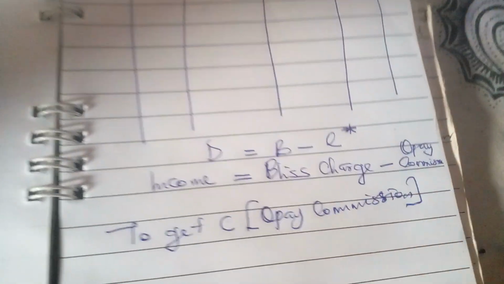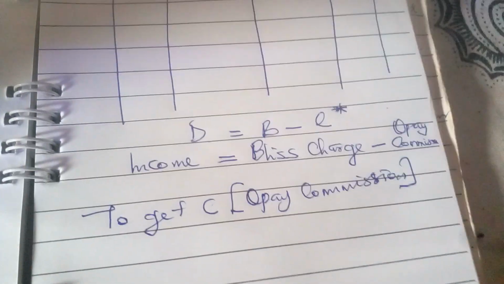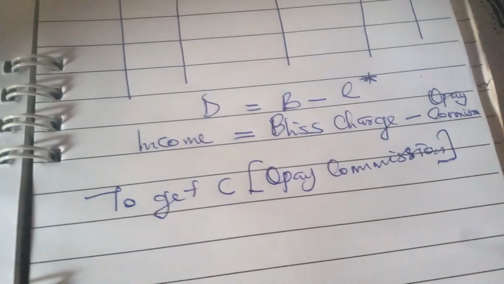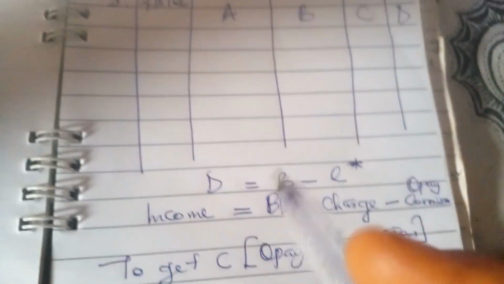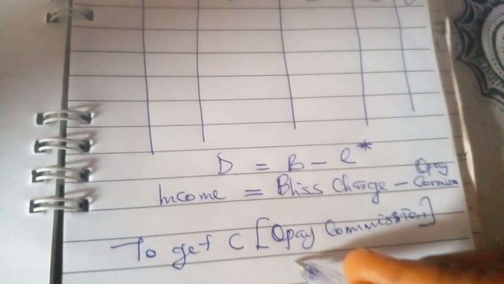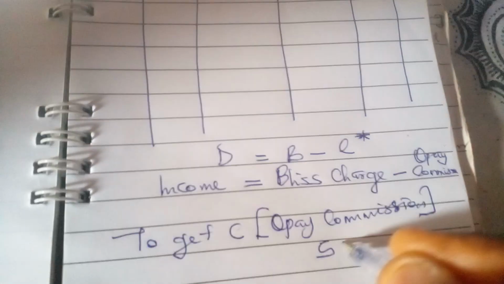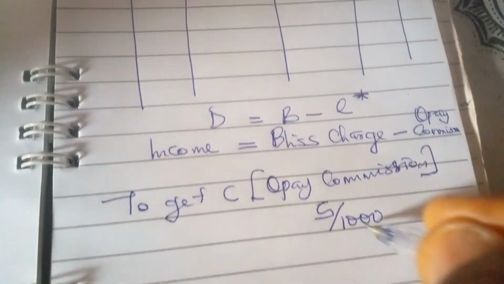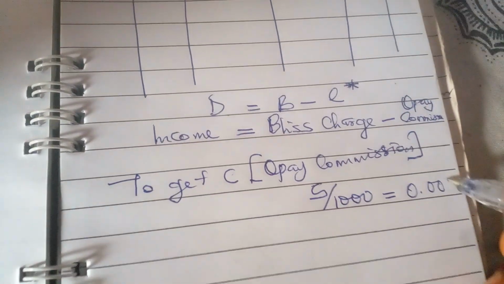normally agents or the merchants, they charge 5 naira cap of every 1,000. That means our OPay's commission is 5 naira for every 1,000. That means this 5 over 1,000 is going to give us 0.005.